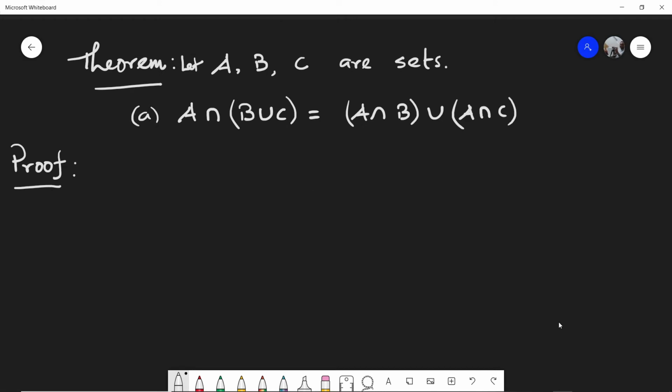Let's try to prove statement A. To show these two sets are equal, we need to show that one is the subset of the other. Let x be an element in the set in the left hand side.